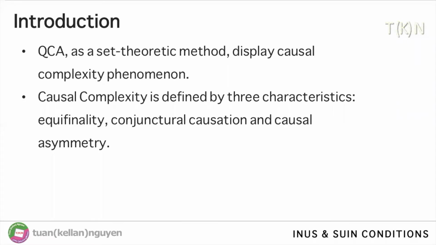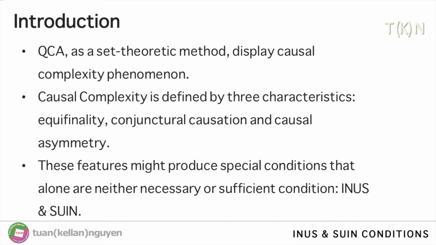Causal complexity covers three characteristics, including equifinality, conjectural causation, and causal asymmetry. Most importantly, these characteristics produce special conditions that are neither necessary nor sufficient conditions, but we call them INUS or SUIN conditions.